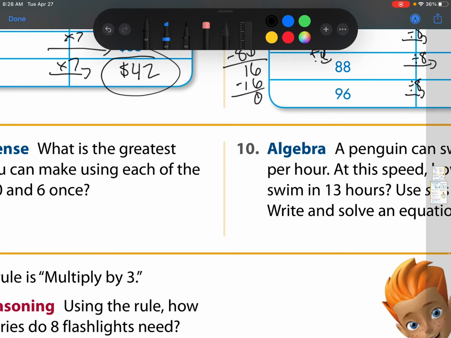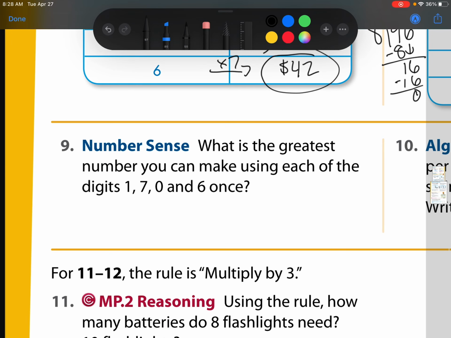Okay, let's head to our next one. Number 9. What is the greatest number you can make using each of the digits 1, 2, 3, 4 different digits? Well, that means it's going to be a 4-digit number, so in our thousands place. And if we want our biggest number, we should have the largest number in the thousands place value.